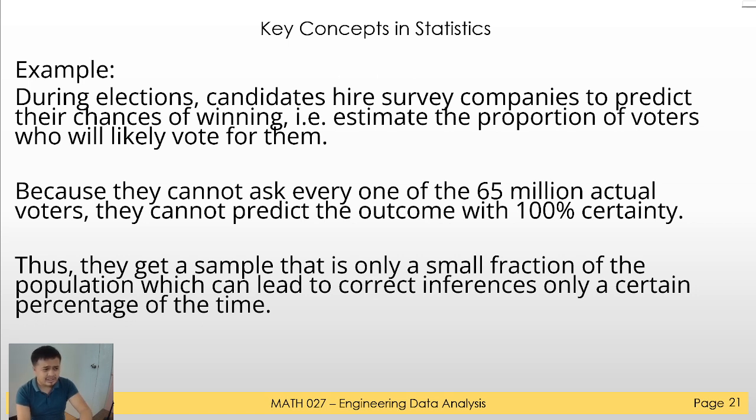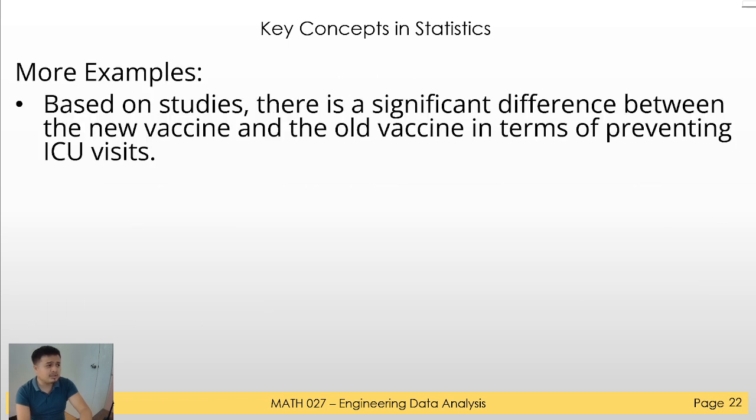Okay, another example: let's say, based on studies, there's a significant difference between the new vaccine and the old vaccine in terms of preventing ICU visits. So what are ICU visits? ICU means intensive care unit, so it means preventing critical conditions for infected patients.